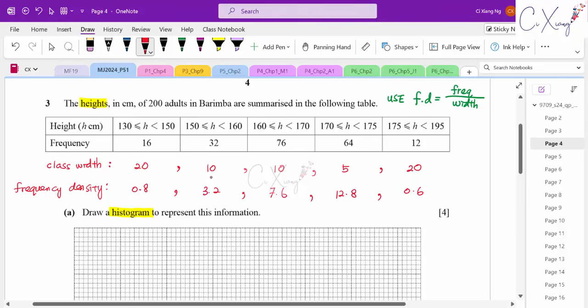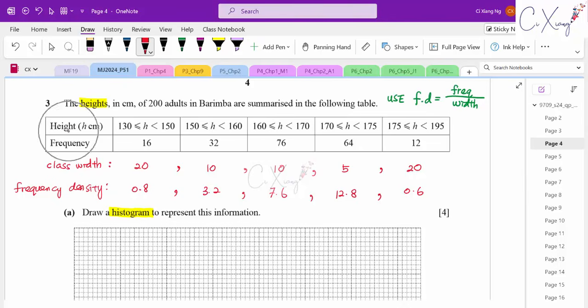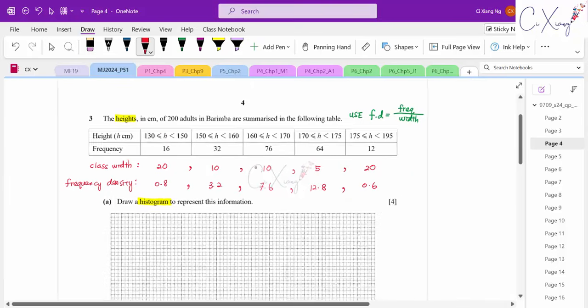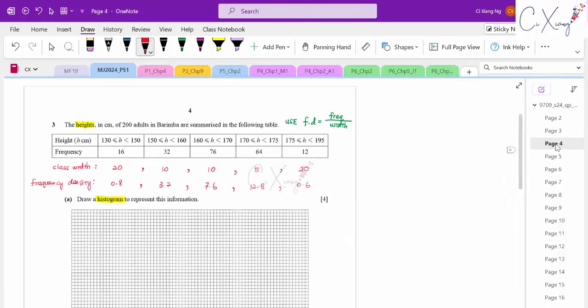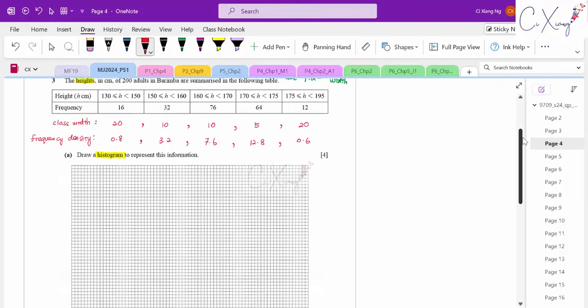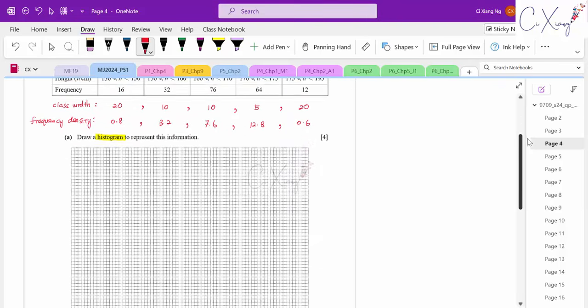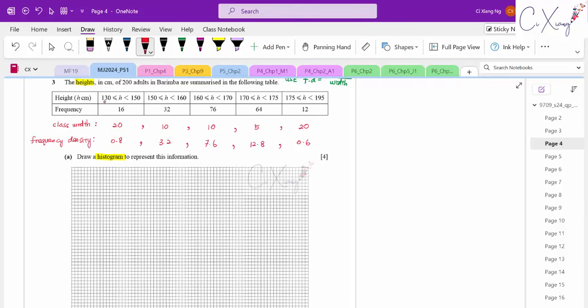Alright, yeah, so after I find out the values for frequency density and also provided with the height, I can start deciding the ratio or the scale for my graph. Okay, so for the height here, I start from 130 until 195.